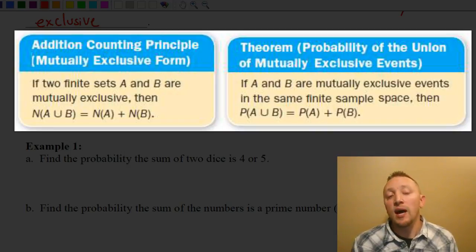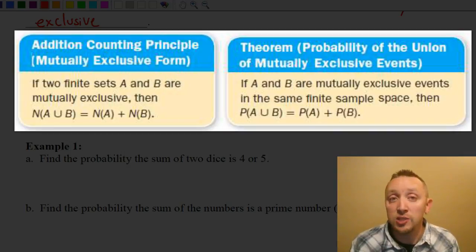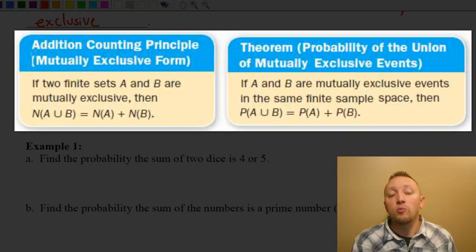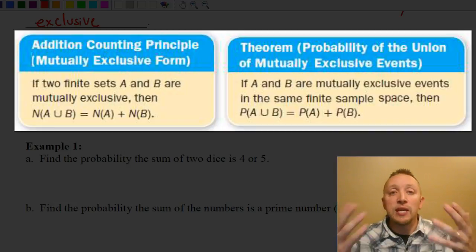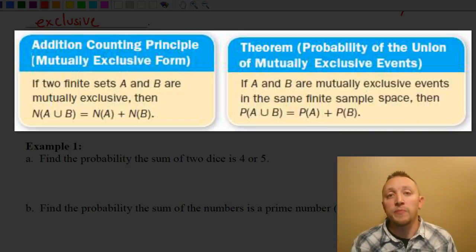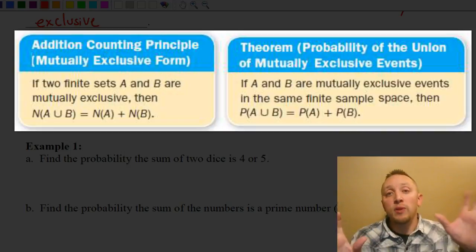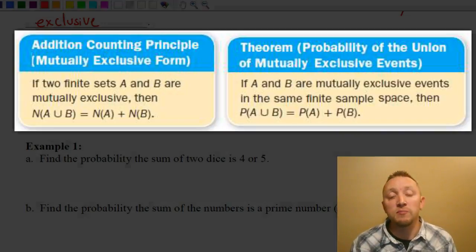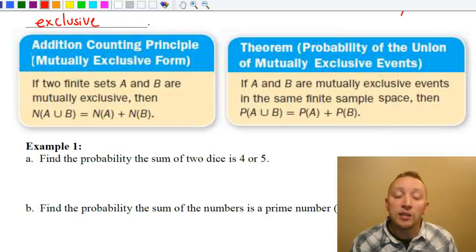If we're trying to find the number of elements in A or B, and it's mutually exclusive is the key here, we would just take the number of elements in set A and the number of elements in set B and add those two together. Now, if we're dealing with probability, it's the same concept, except we're using the probability of those elements. So we take the probability of A plus the probability of B. If you're confused by that, let's look at some examples.